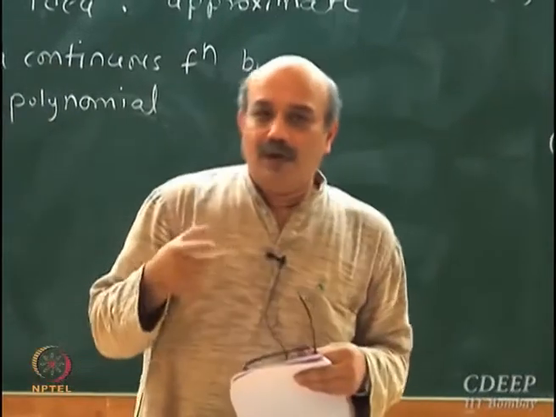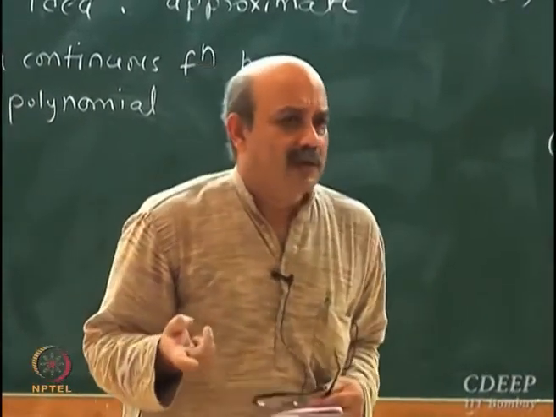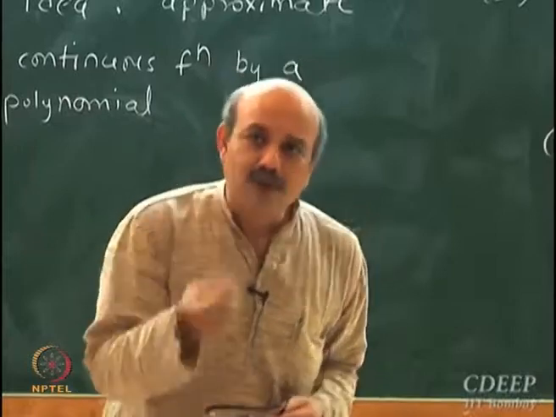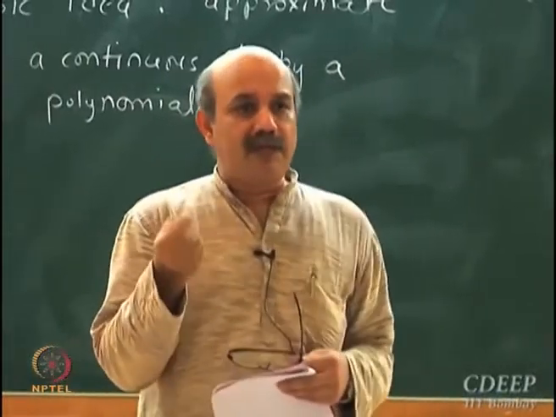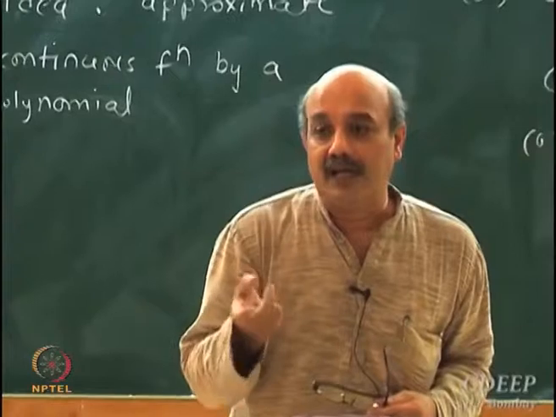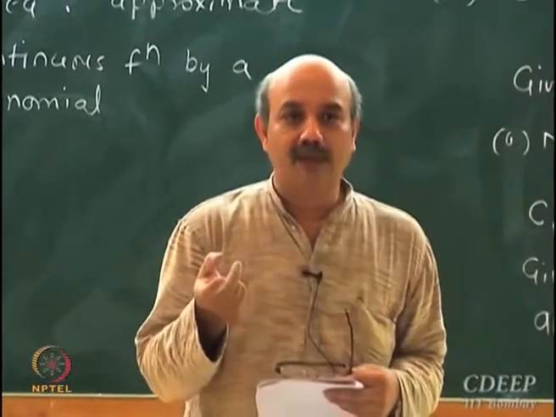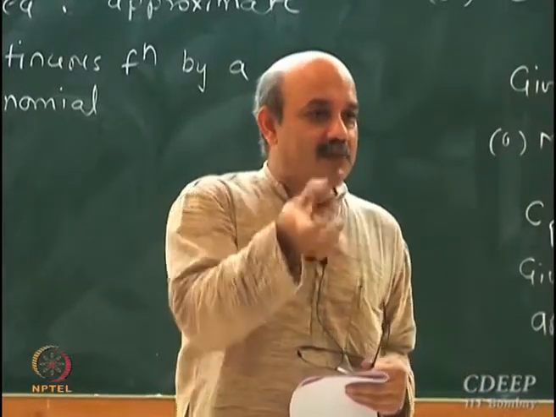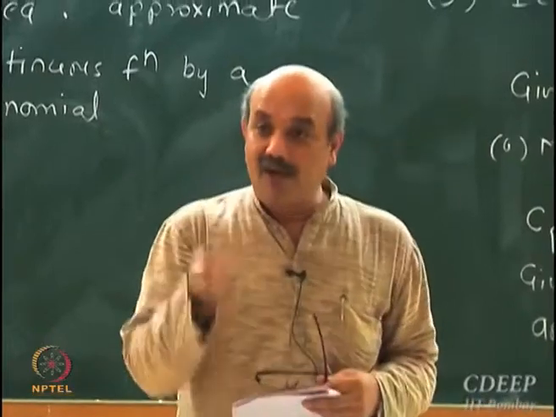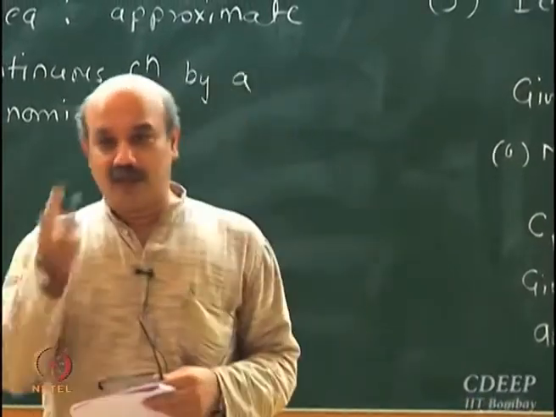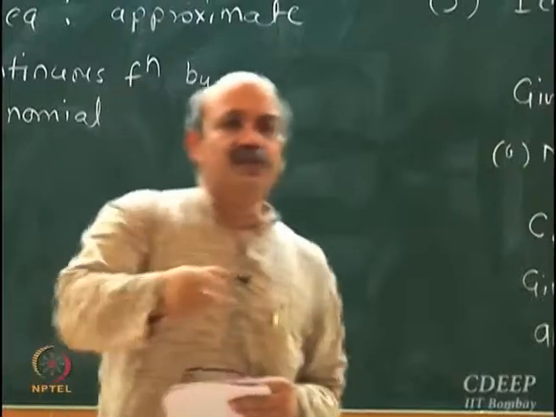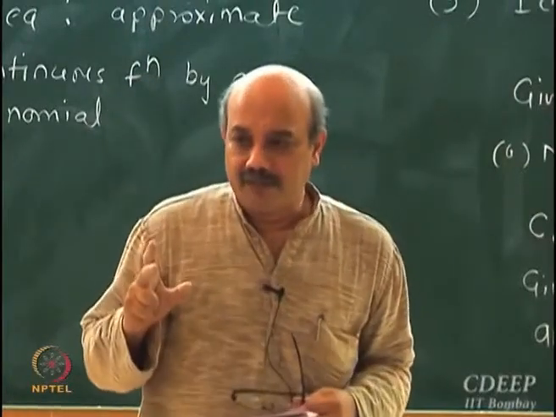So what allows you to do that? What allows you to do that is that you can approximate a real number using a rational number. This is something special about rational numbers. We can approximate any real number as close as we want by a rational number.